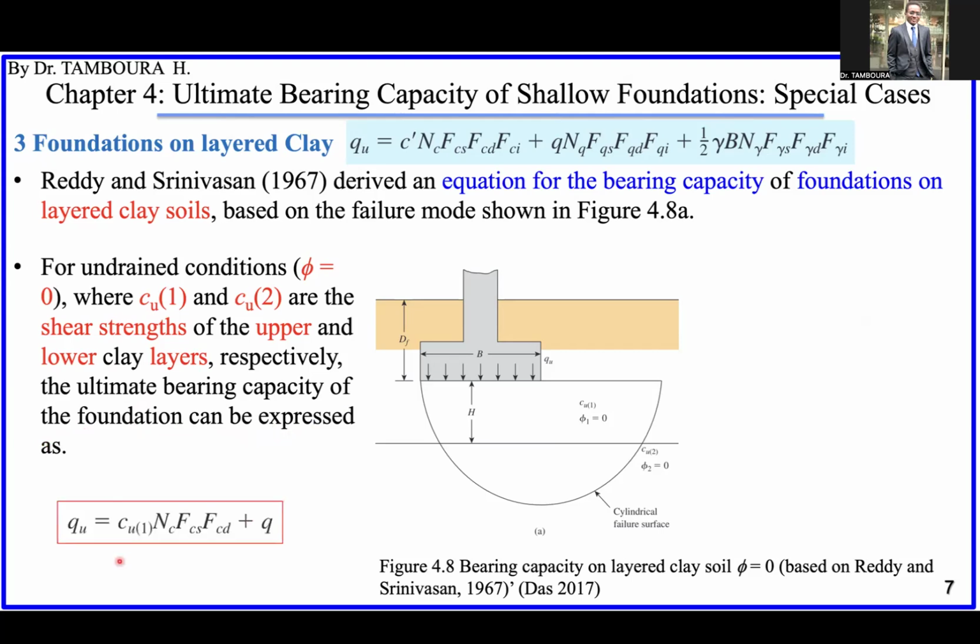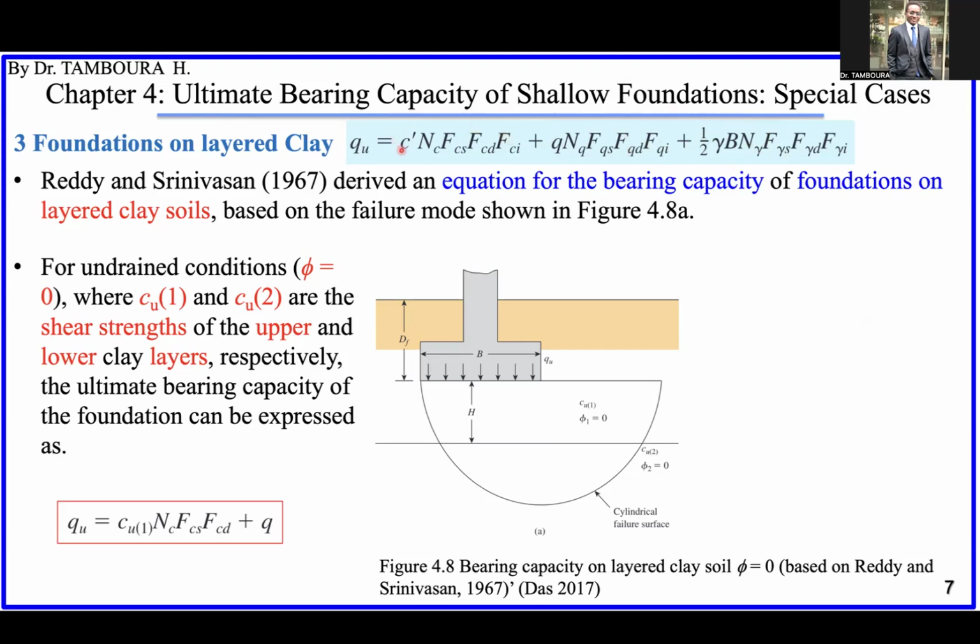as this equation. Why is it shorter than the general one? Do you remember that the general one, as I said, is for uniform soil. When phi is 0, if you are dealing with clay, you don't need all these parameters.